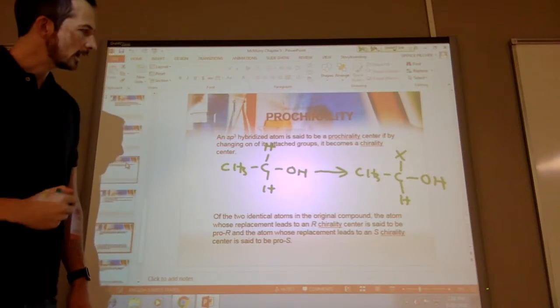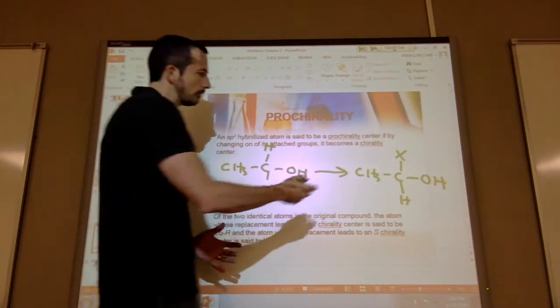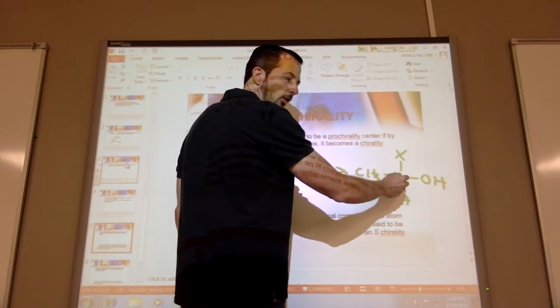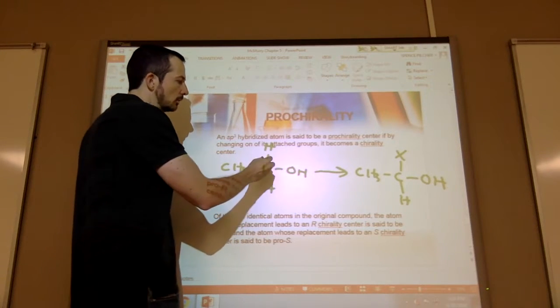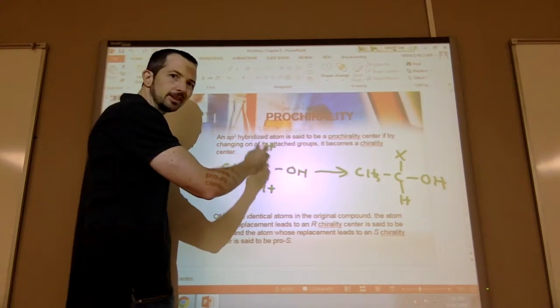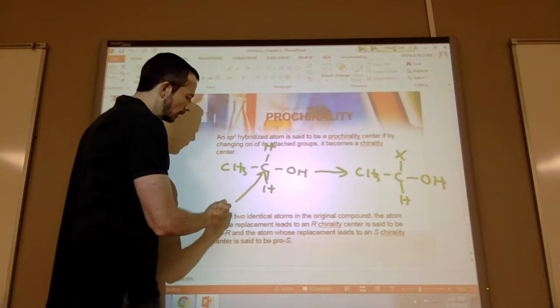So here I've taken off a hydrogen, added a halogen, so again, chiral center, this carbon, 4 different groups attached. Here, not a chiral center, but since changing one of these attached groups made a chiral center, this would be an example of a prochiral center.